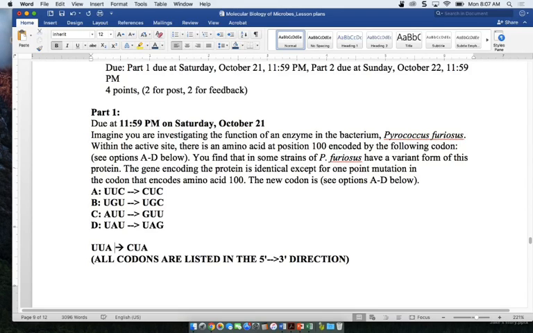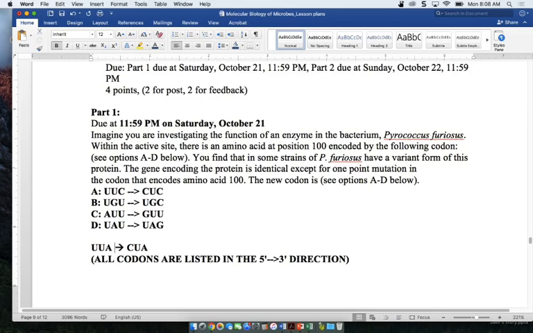It's still going to be able to perform some of that function, maybe just not as well. So that's why, even looking beyond whether it's a silent, missense or nonsense mutation, sometimes we actually have to look at the amino acid change itself to determine, is there an effect? And if so, then we try to figure out what that effect is going to be.